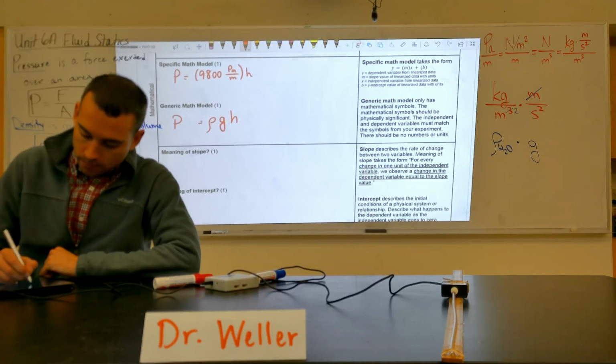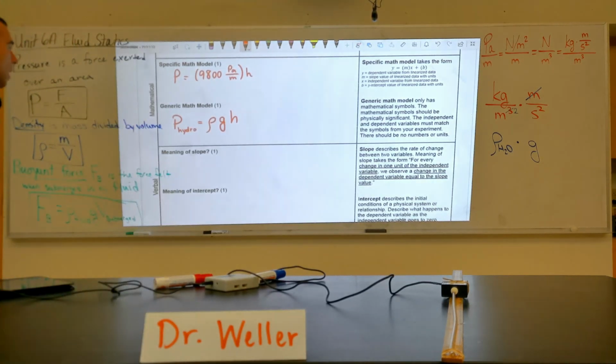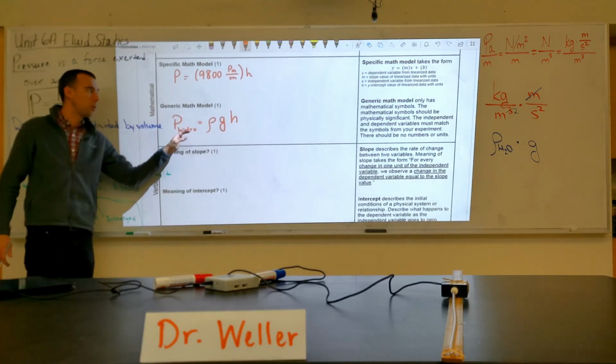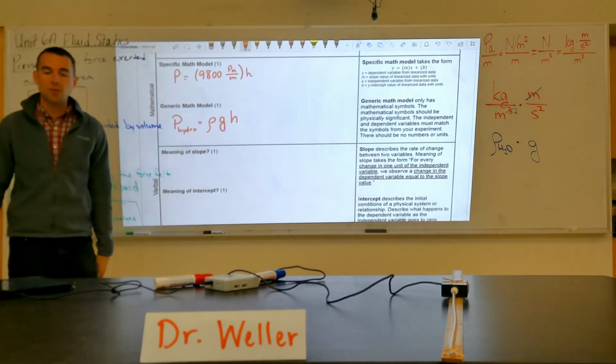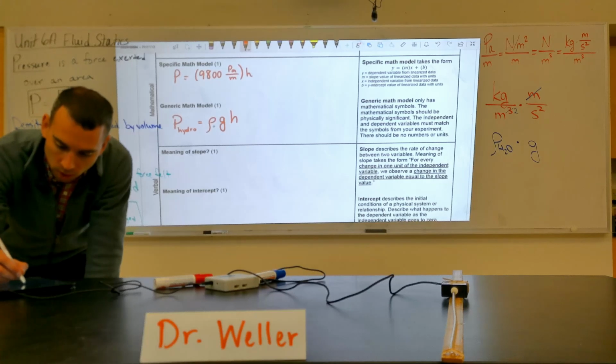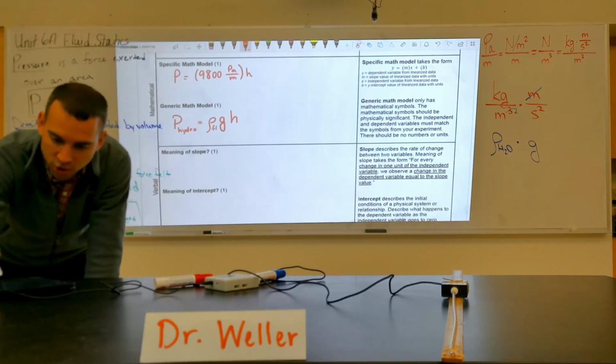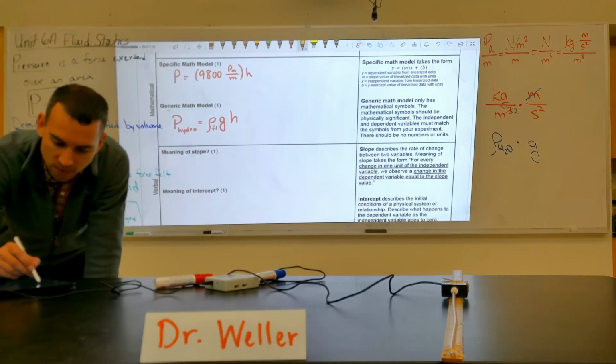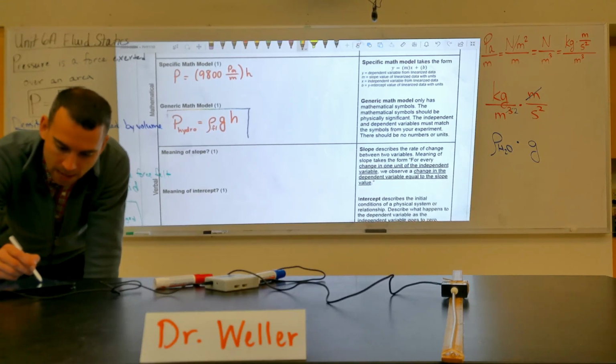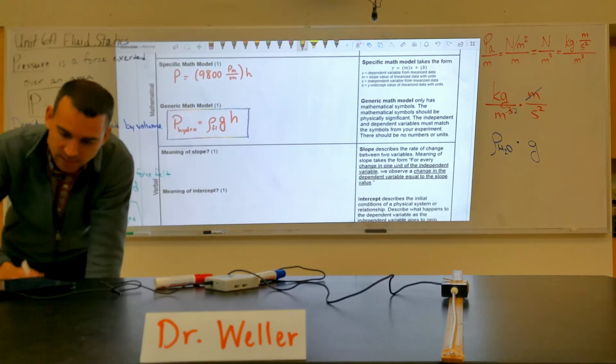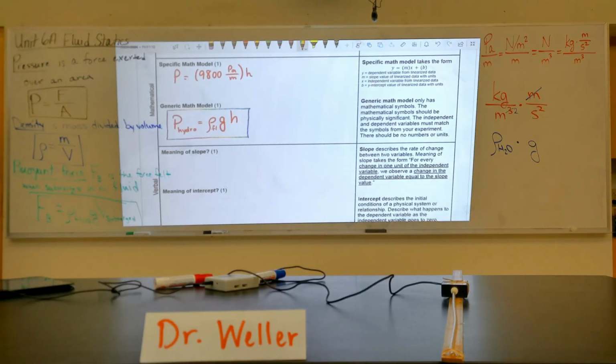It's called hydrostatic pressure. So I'll call it P hydro. Anytime that you are submerged in a fluid at some depth, the density of the fluid and gravity will cause you to feel a pressure. And so this is the official equation that you should have in a box that we just proved by taking measurements in class.